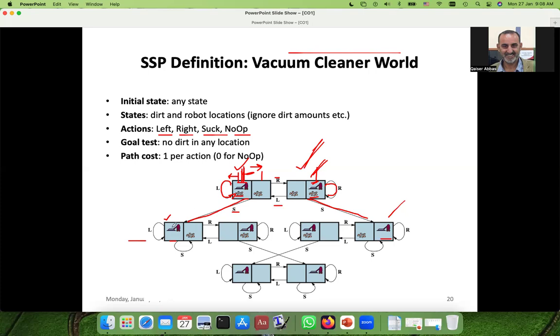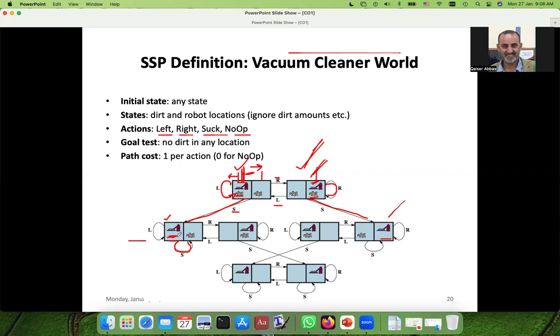Similarly here, if this is the situation and you perform left, you will remain here. If you perform sucking, as there is no dirt, you will also remain in the same state, because there is no dirt.